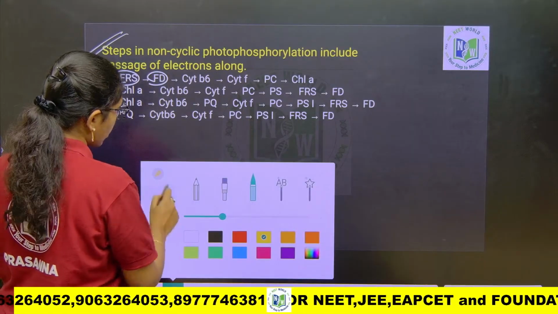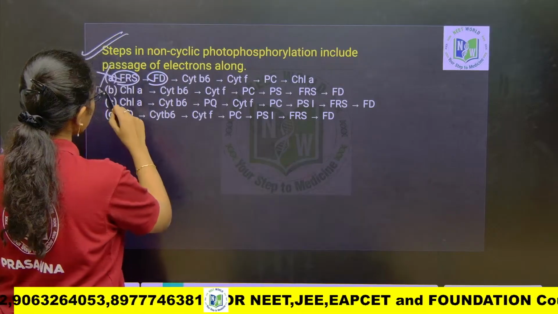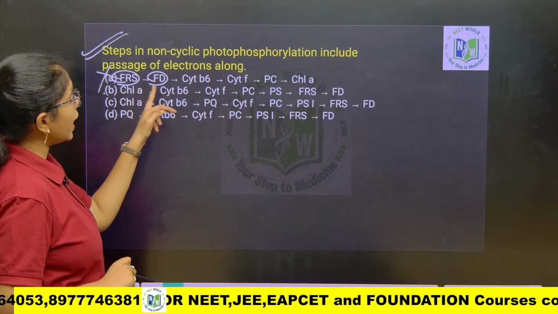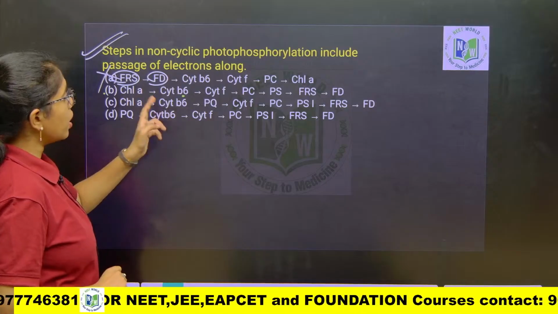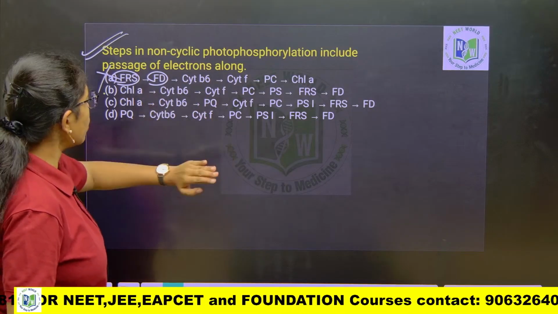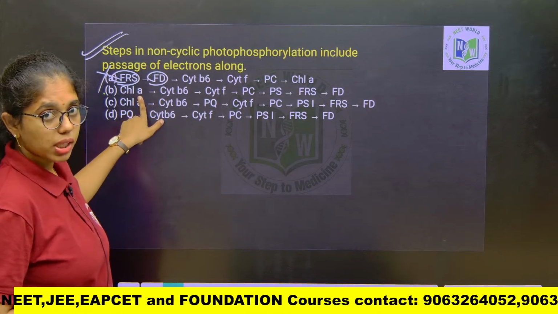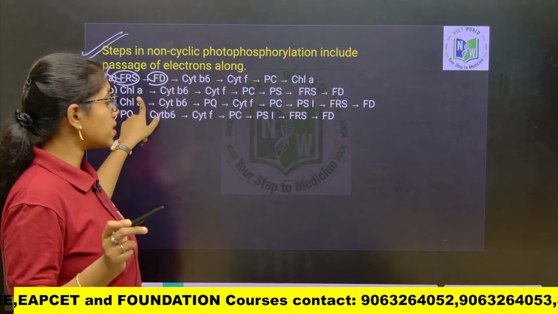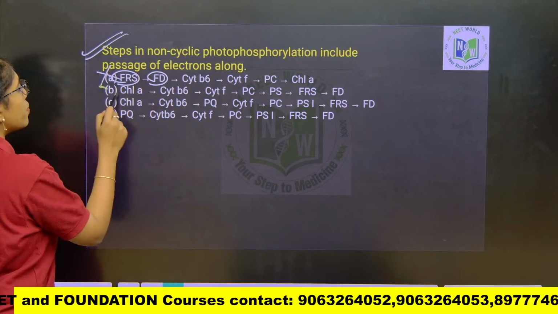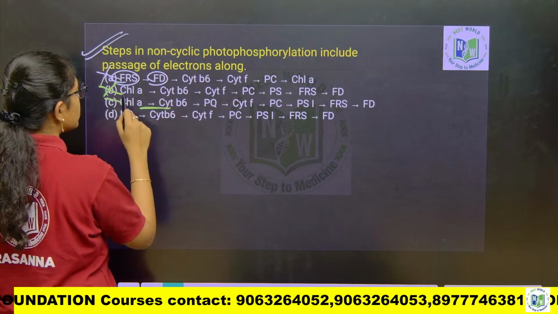Next, if you have to consider option B, chlorophyll A to cytochrome B6F, then cytochrome F, he is saying, wrong. From chlorophyll A reaction center, the primary electron acceptor will be plastoquinone. So, we cannot choose this and we cannot choose this as well.